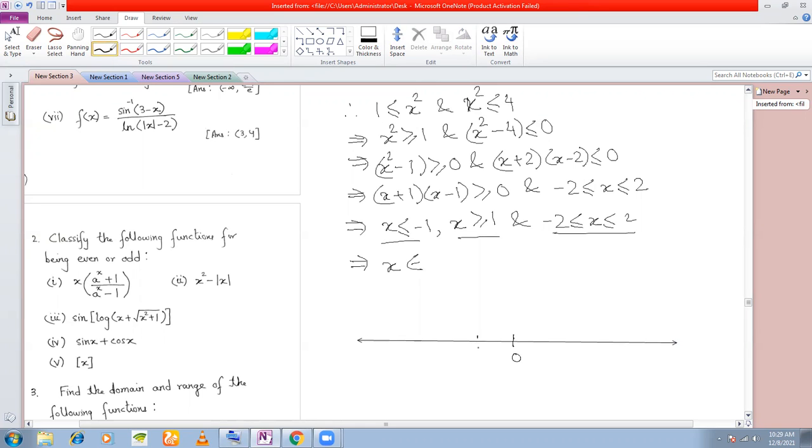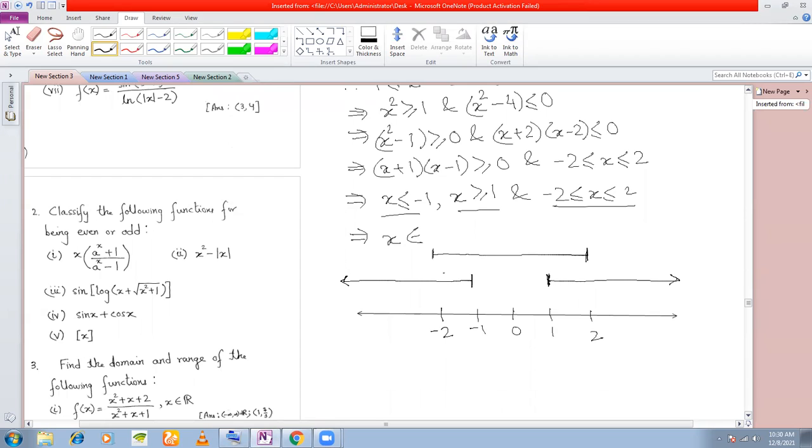We have 0, -1, +1, -2, +2. So x less than or equal to -1 is a vertical line, and x can take any value from here. X greater than or equal to +1, any value from here. And x also lies between -2 and +2. So what are the acceptable values of x here?